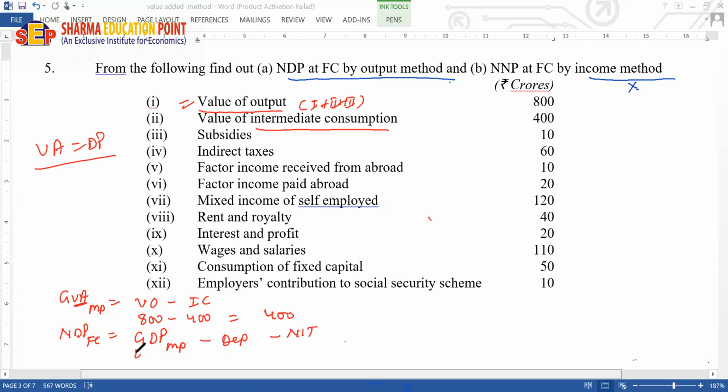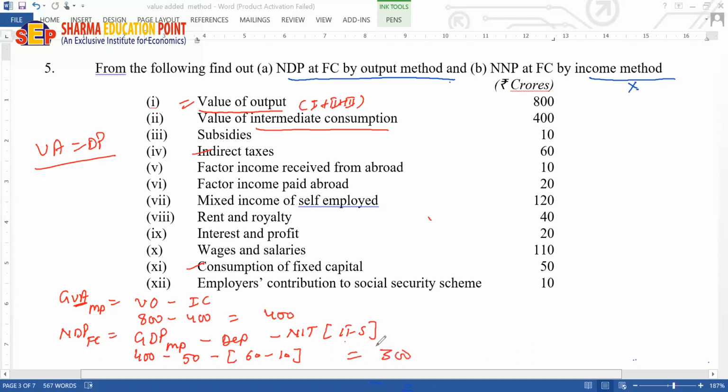So 400 minus depreciation, consumption of fixed capital, 50, minus NIT. NIT is known as indirect tax minus subsidies. So indirect tax is given as 60 and subsidies 10. So 60 minus 10. So the final answer is 300.